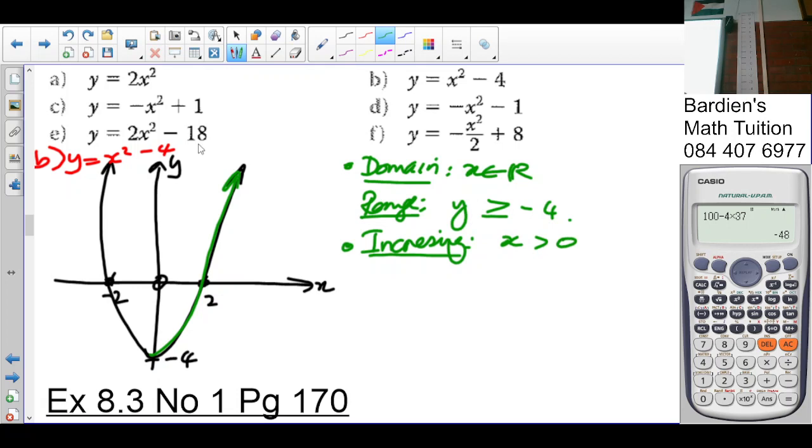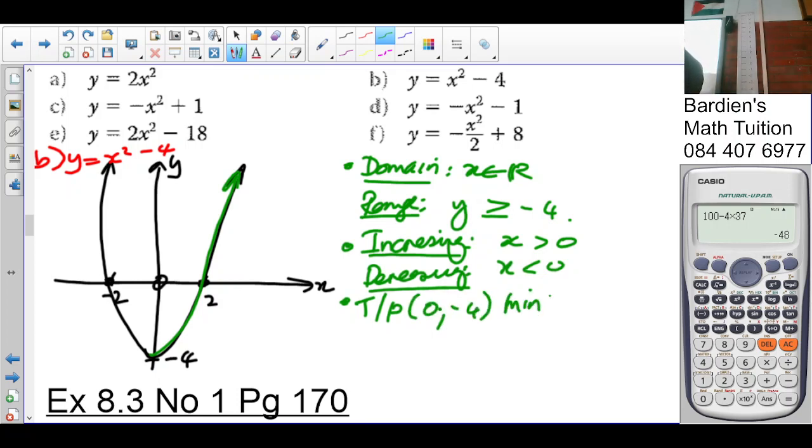Or is it decreasing? x is less than 0. Starting point? 0 and negative 4. This graph will have a minimum value of negative 4 and occurs at x equal to 0.